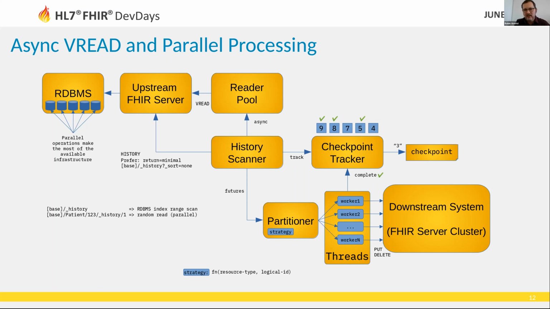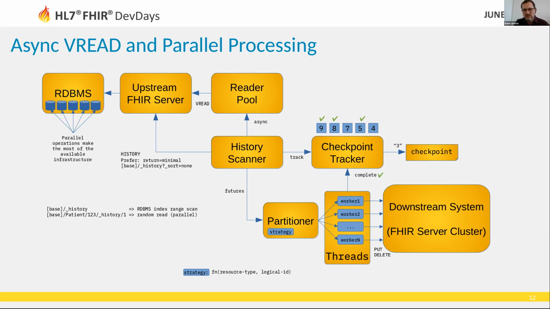which then feeds that into a thread pool, where each worker has a queue of resources to be processed. And then that processing involves sending the resource down to the downstream system once the resource has been read. So this is a beautifully asynchronous model.